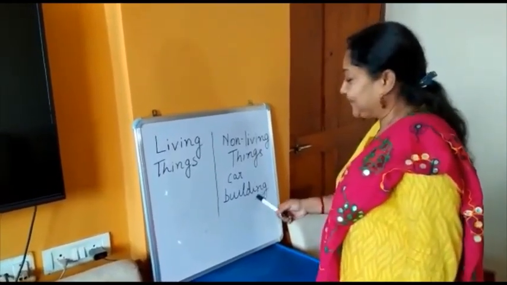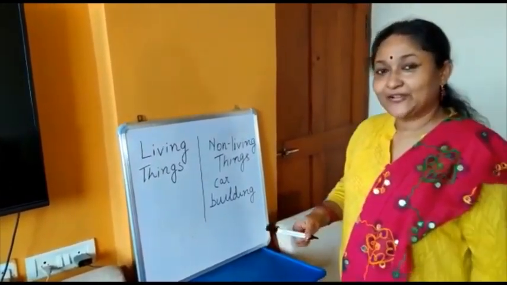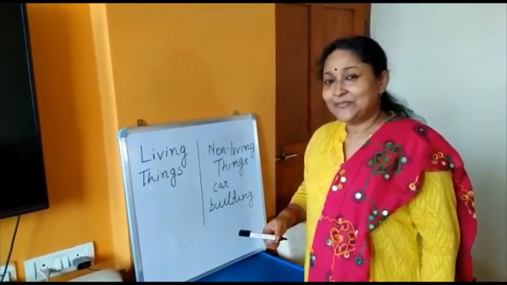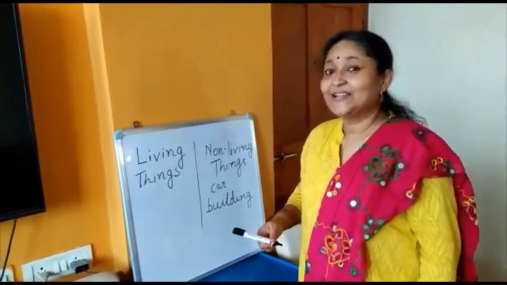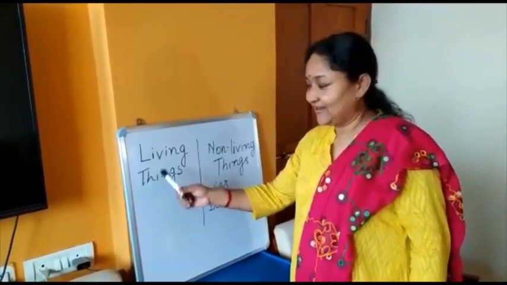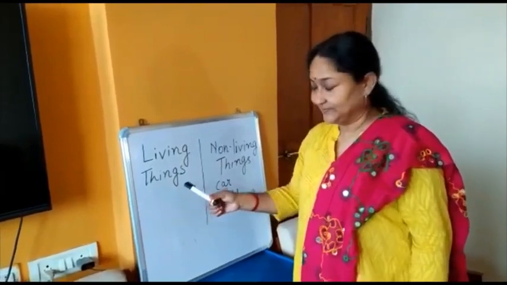B-U-I-L-D-I-N-G, building. Next what we saw? Some plants. What are plants? Plants are living things. So where we will write it? We will write it here under the living things column.